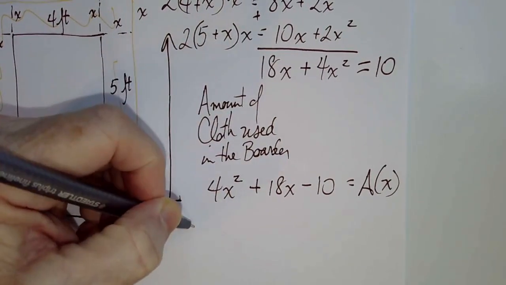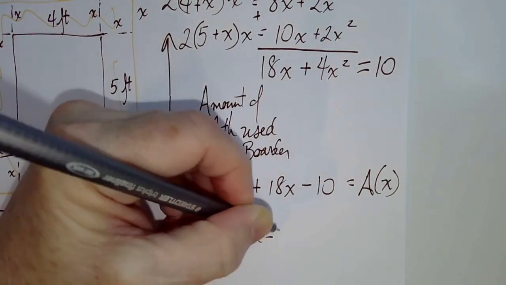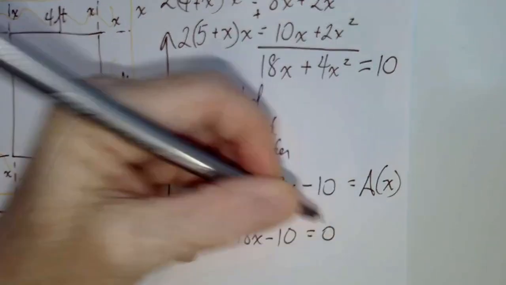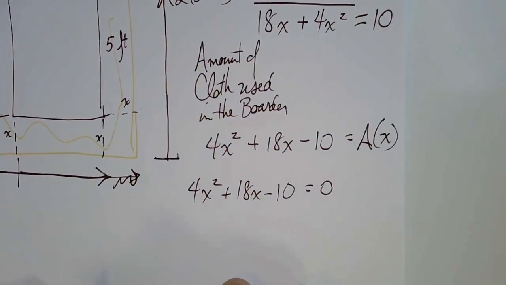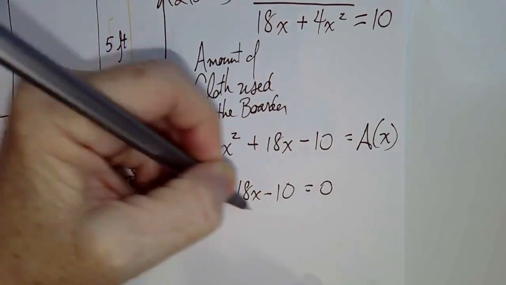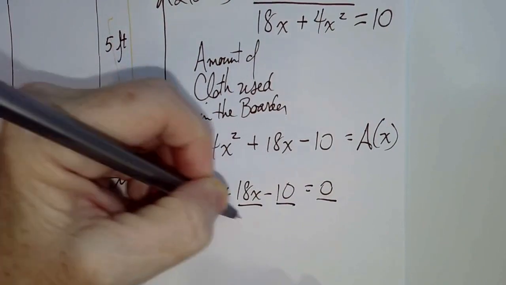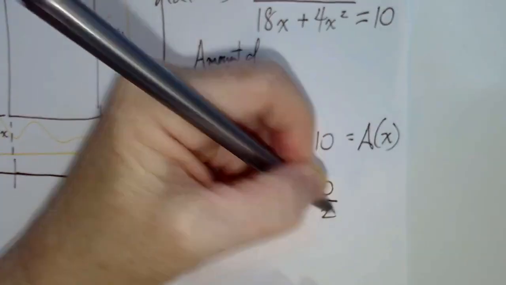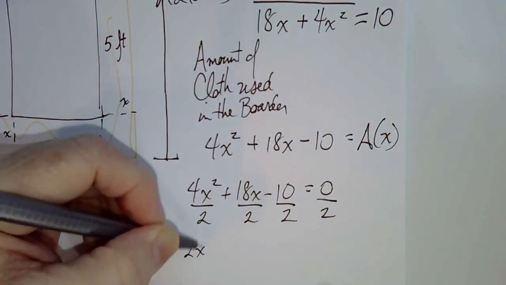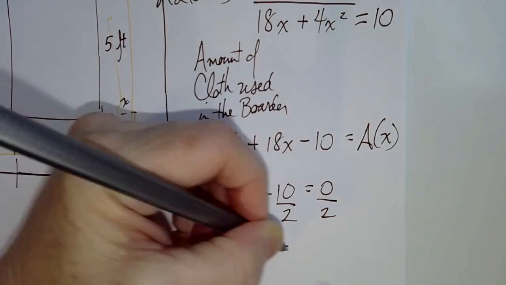So I'm setting this whole thing, 4x squared plus 18x minus 10, equal to 0. And just like we did on the other problems, it really helps at this stage to divide out anything common. And I see that 2 is common. So we get 2x squared plus 9x minus 5 equals 0.